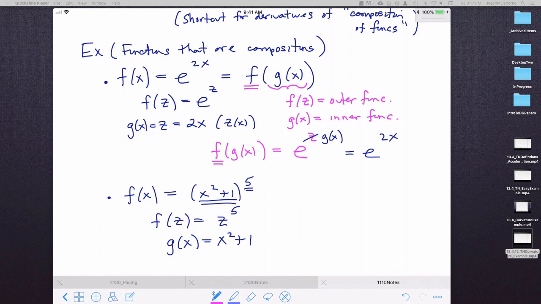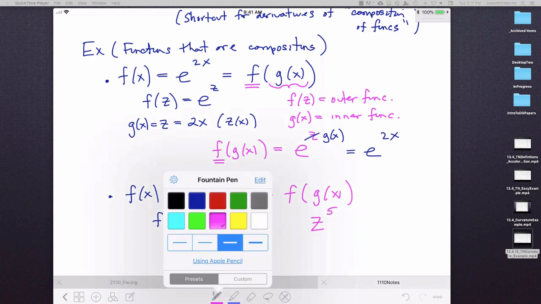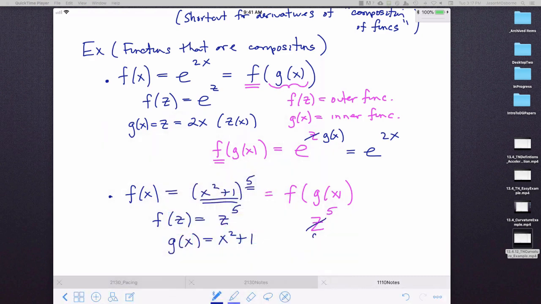So when we're seeing x squared plus 1 to the 5th, that is f of g of x. Okay, so we're seeing this as z to the 5th power, and wherever you saw the z, we were supposed to put g of x, but g of x was x squared plus 1.